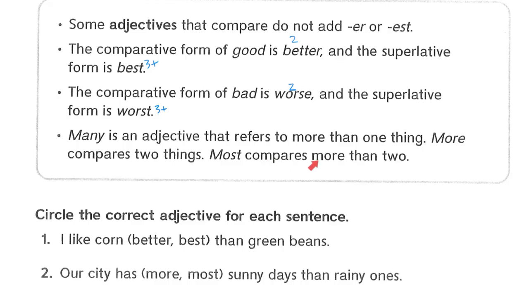Most compares more than two. Right? So if I were to say, like, he has many Pokemon cards, that's an adjective. He has more Pokemon cards than his friend. That's two. He has the most Pokemon cards in his class. That's more than two, okay?